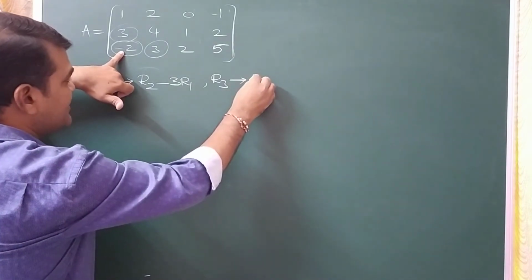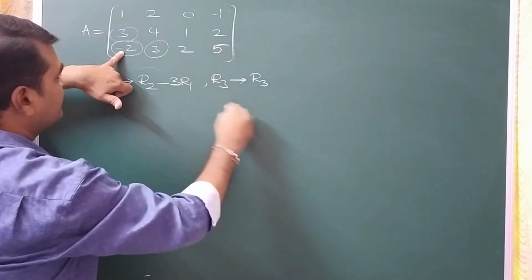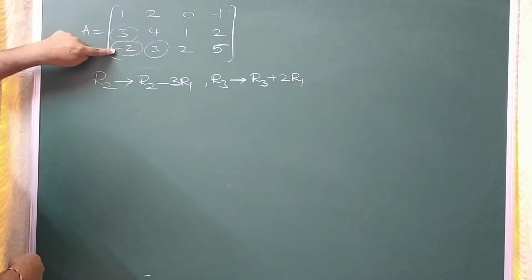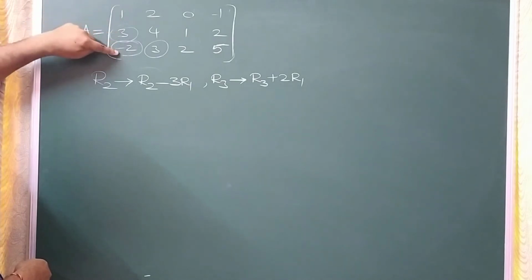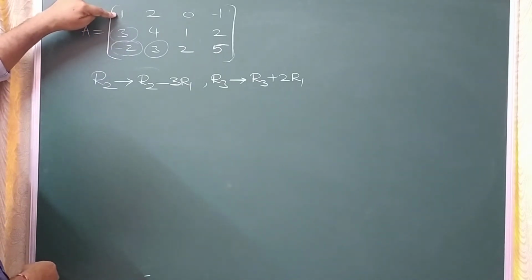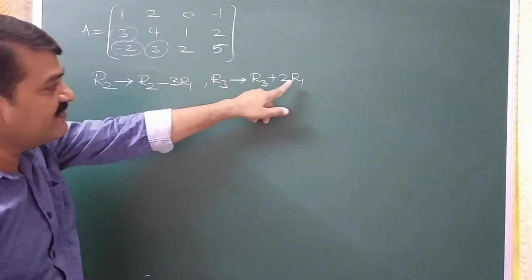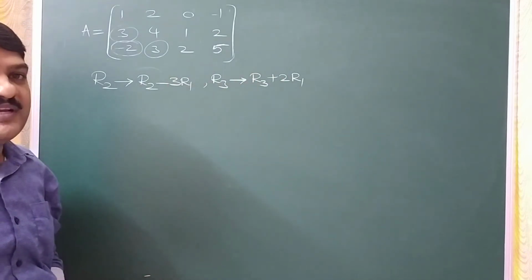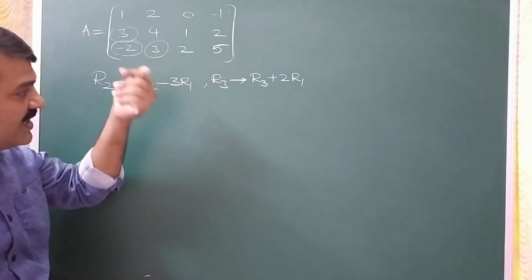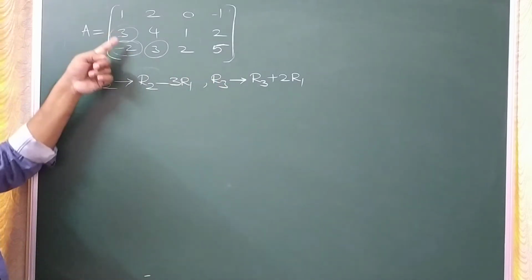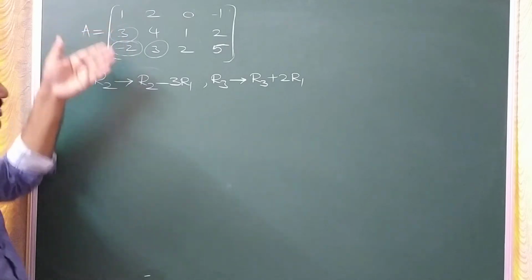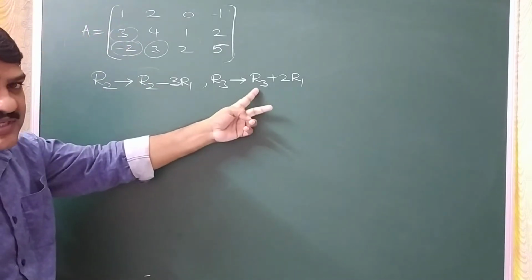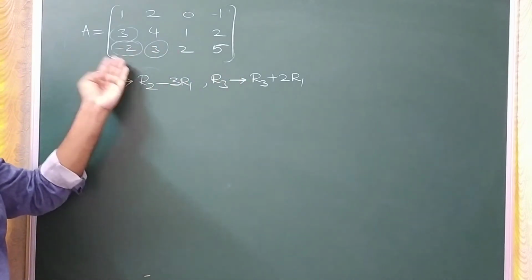So I can write this as third row plus 2 into R1. Third row plus 2 into R1 means minus 2 plus 2, I will get 0. That is, I am multiplying R1 with a constant and adding to R3. I can do that. That is the third property of elementary transformations. So by using these, I can get zeros. You can use R1, you can use R2 also to get 0 here, but this is relatively easy.